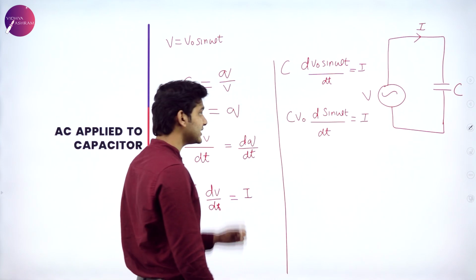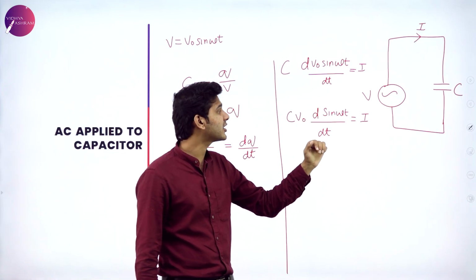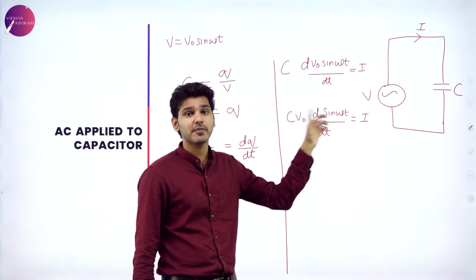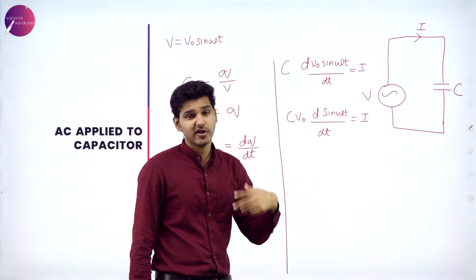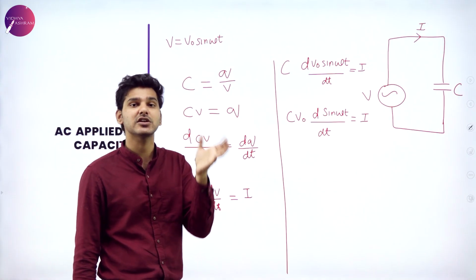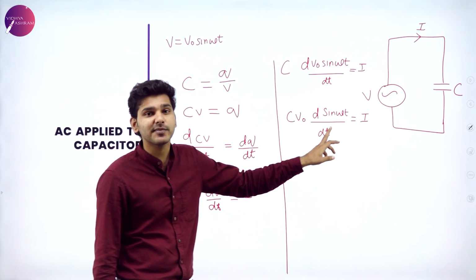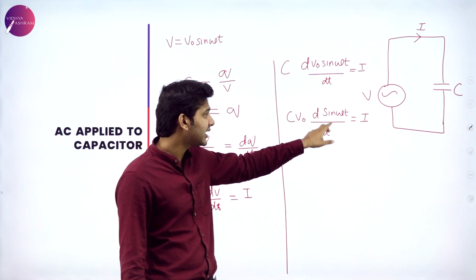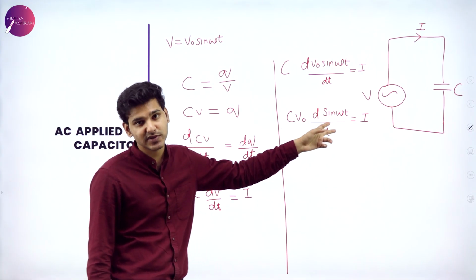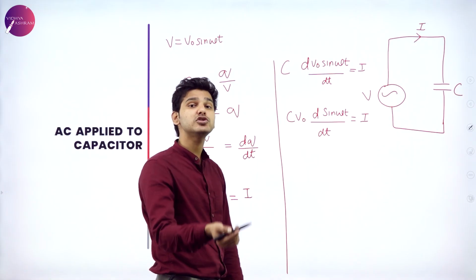Now, if we differentiate sine, we get cos. We have to apply the chain rule here, because it is not sine theta but rather sine omega t. Here d by dt of sine theta will be cos theta, and d by dt of sine omega t gives cos omega t into omega.